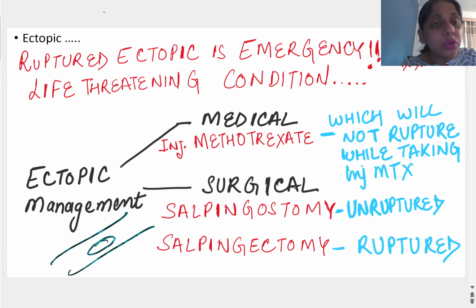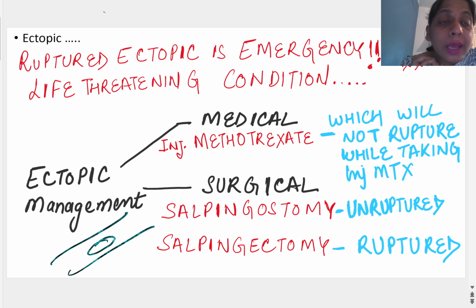We are not going to stitch that opening. So we make an opening, that is why it is known as salpingostomy. But it is again going to be done in unruptured tubal pregnancy.